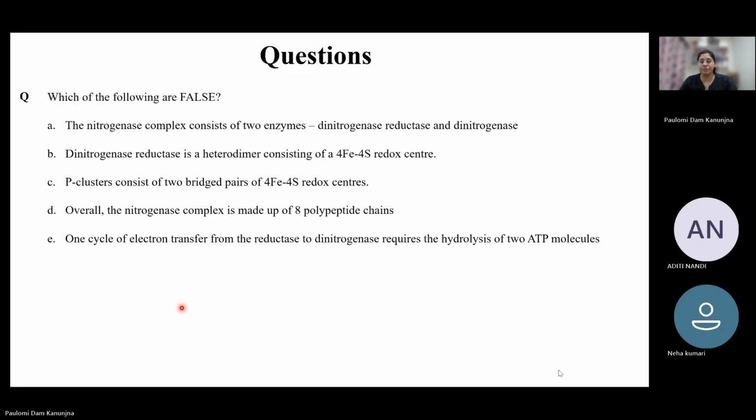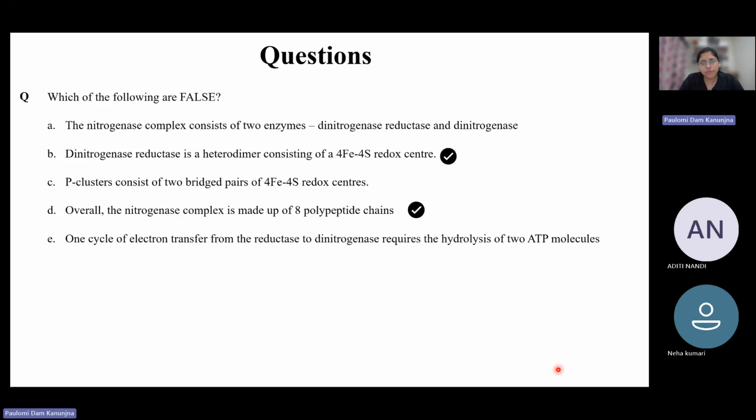B and E? Is there anyone else? Okay, no issues. While I am giving you the answer, you can check if you were thinking in the correct direction. We are talking about which one's false. And the answer, as you can see here, is B and E. Wait a second. D and E is what we are saying is false. All right, we'll see.